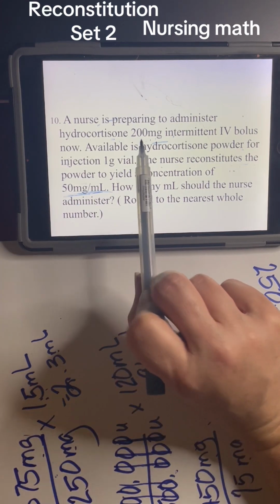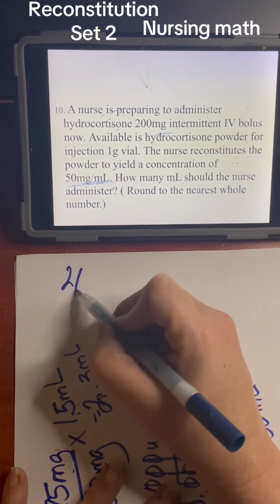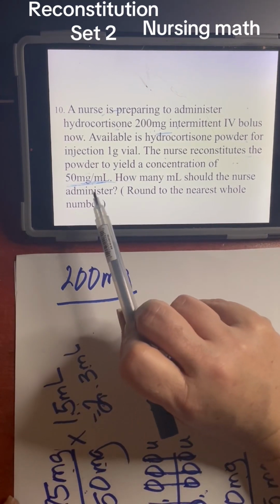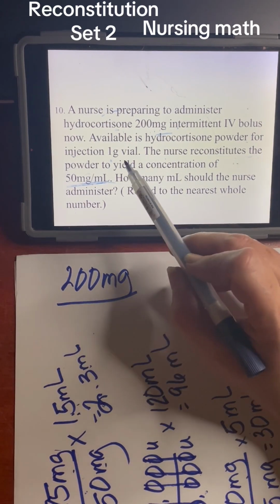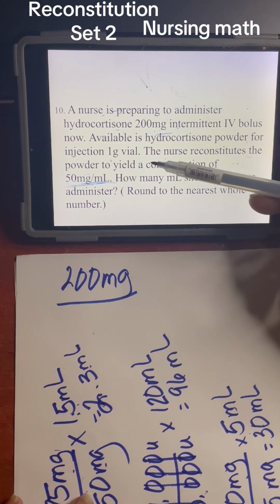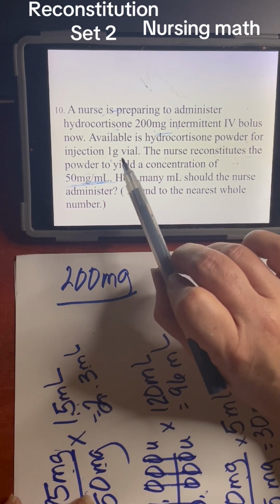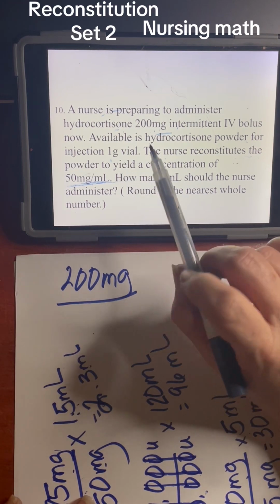So what he wants is 200 milligrams. And what I have, that 1 gram, it's powder, and it's a distractor. And look, they got to put the distractors in there because you're going to be a nurse. And they have to know that you know, I don't need that to work this problem correctly.